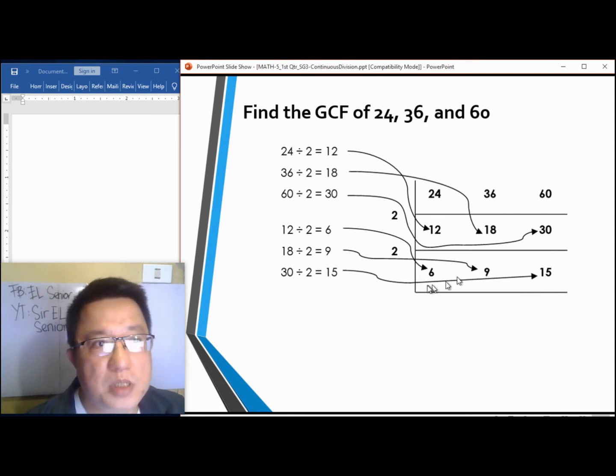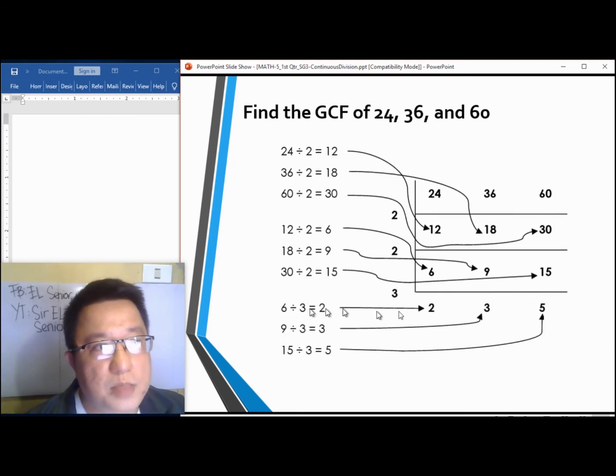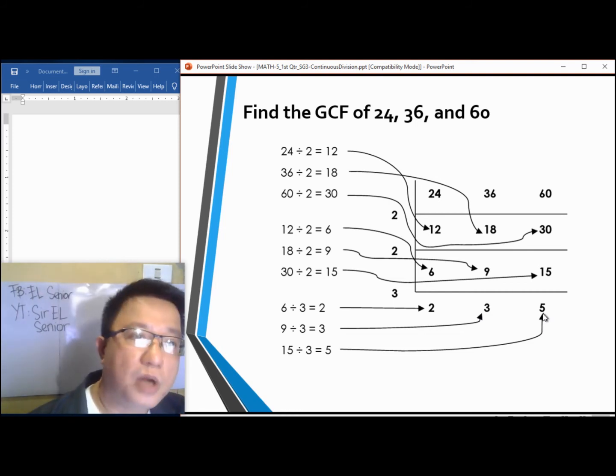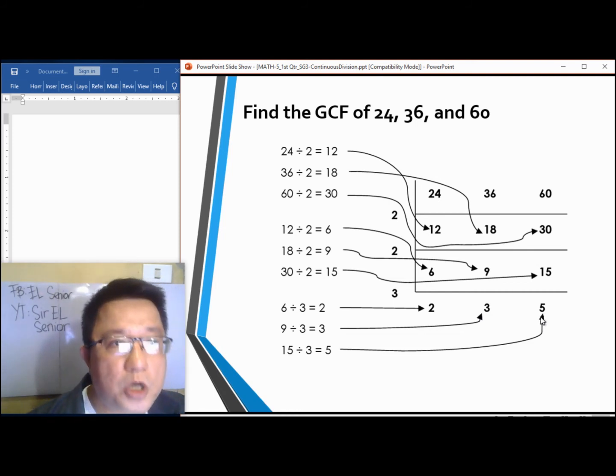The next prime number is 3. And 6 is divisible by 3. So 6 divided by 3 is 2. 9 divided by 3 is 3. And 15 divided by 3 is 5. When we reach here, 2, 3, and 5, there are no more common divisors.